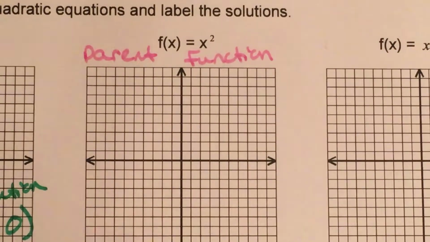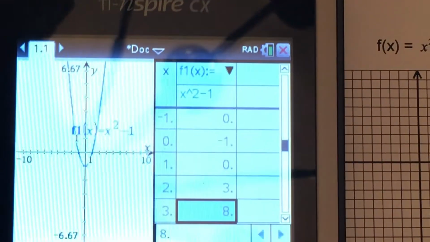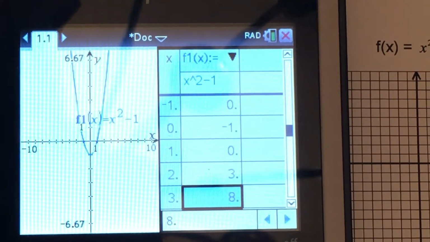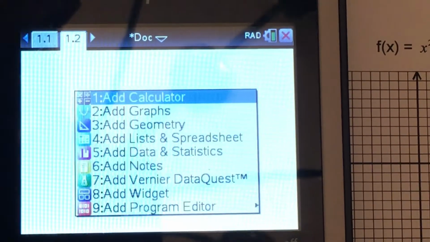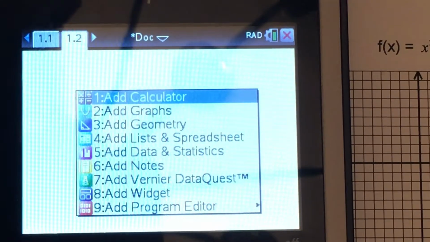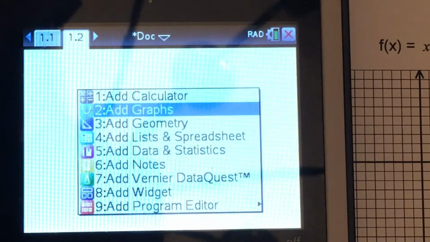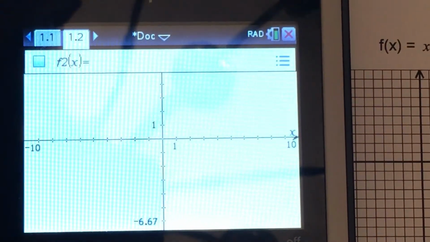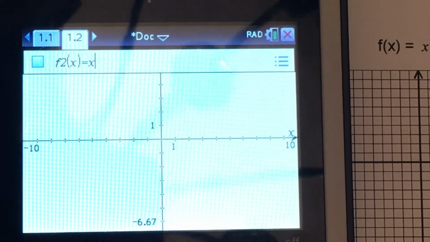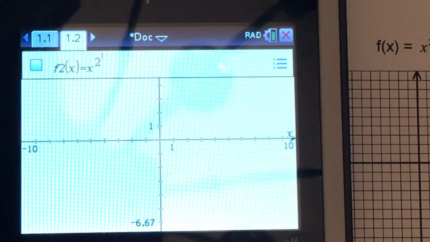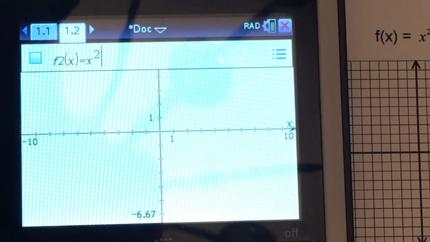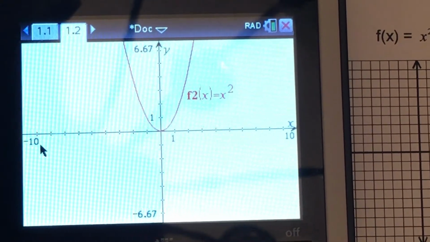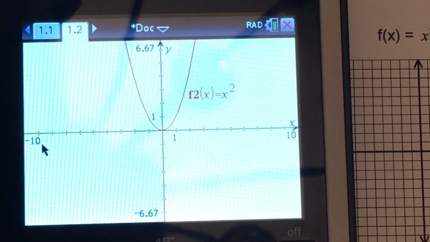Let's get out your handy-dandy calculator and open a new page. Control Doc, Graph, and our function is just x squared. So your graph should look just like that one. And if it doesn't, let me know.